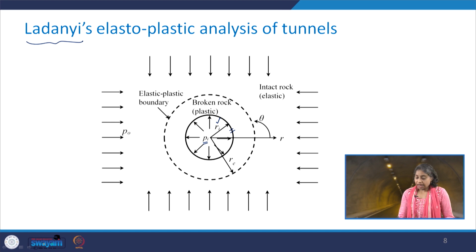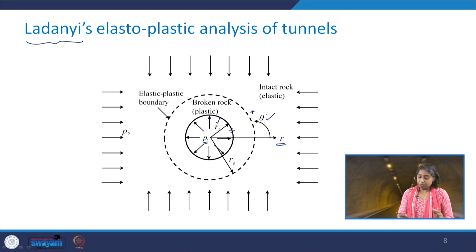Now any point in the rock mass will be represented by r comma theta, where this theta will be measured in the anti-clockwise direction from the r axis, which is although a radial axis, but here we are measuring this theta in the anti-clockwise direction from the horizontal axis.